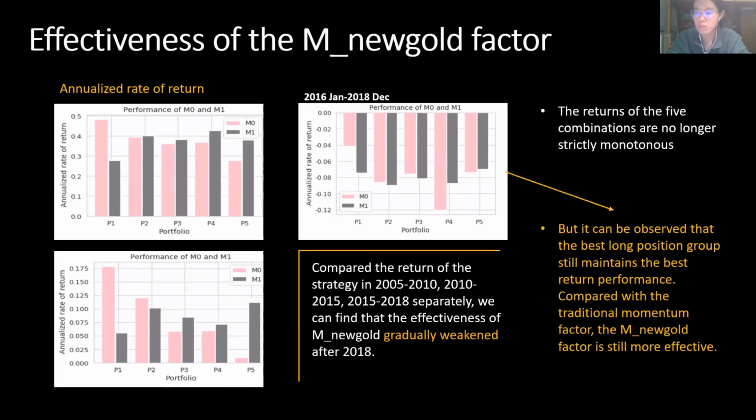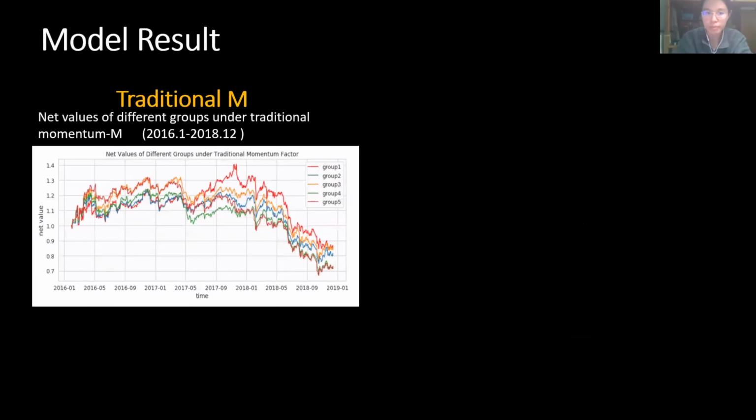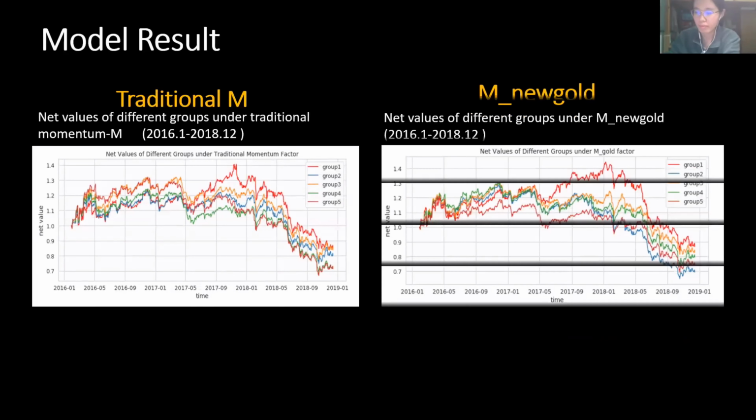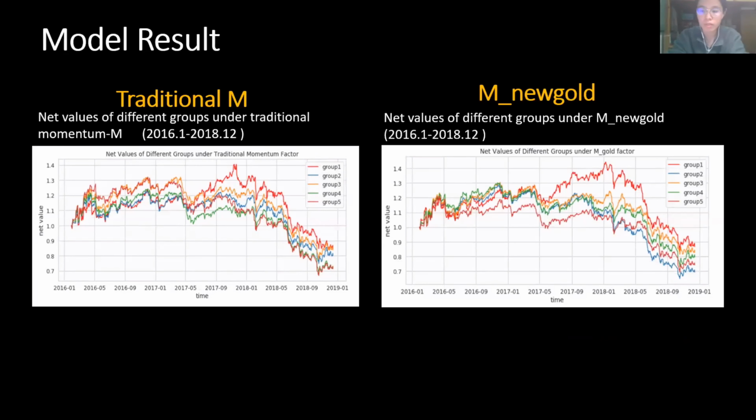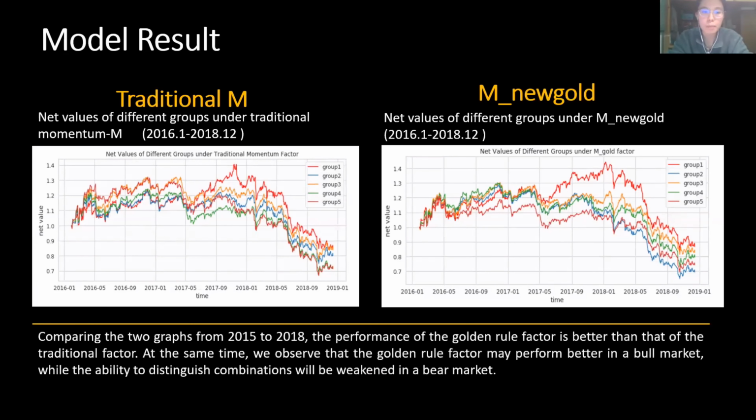Compared with the traditional momentum factor, the golden rule factor is still more effective. Comparing the two graphs of the factor-based portfolio return from 2016 to 2018, the performance of the golden rule factor is better than that of the traditional factor.